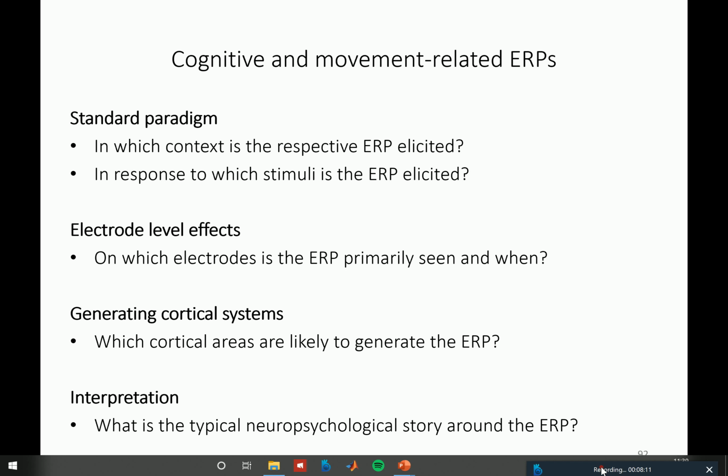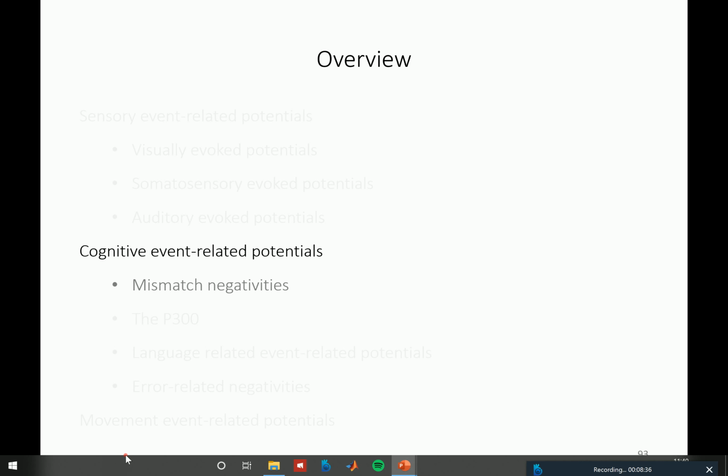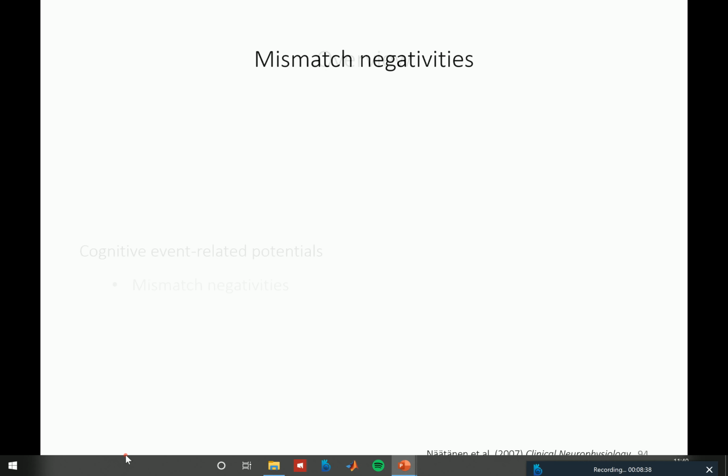As I said, this will usually be something like a violation of expectations or a prediction error in a very general meaning of these terms, not in terms of something too formalized. Good, so this is kind of the 4-step thing that we want to discuss for all of them, and which is also something good to know. And we start with mismatch negativities.